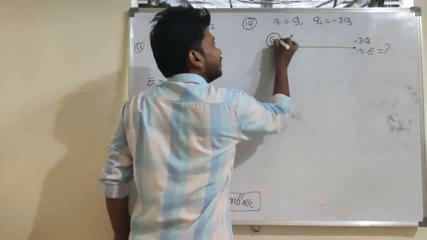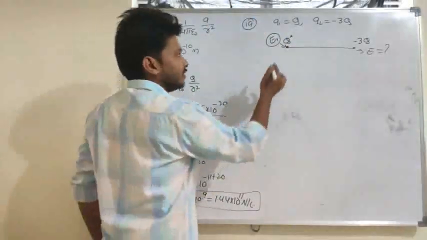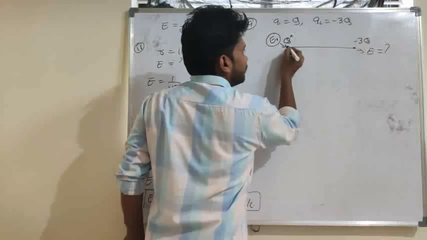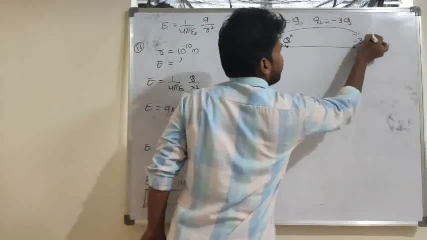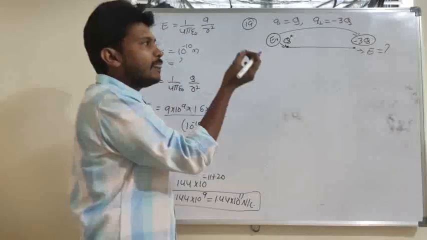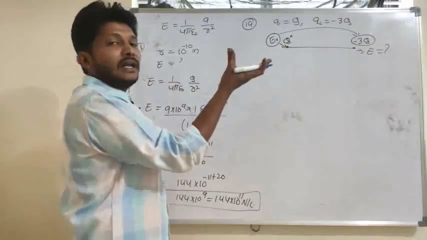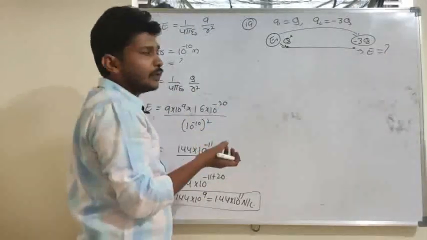So this electric field is responsible for which charge? Electric field at this point is responsible for the charge minus 3q, because from the minus 3q charge, electric field lines are produced.